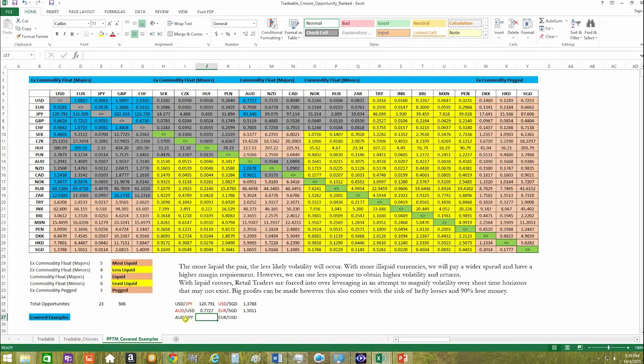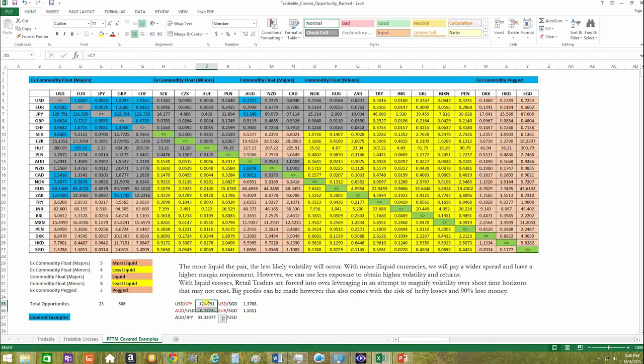When the currency that remains becomes both the numerator and the denominator, the convention is to multiply. So we take the US dollar yen rate and multiply by the Aussie dollar US dollar rate, and we get the rate here.